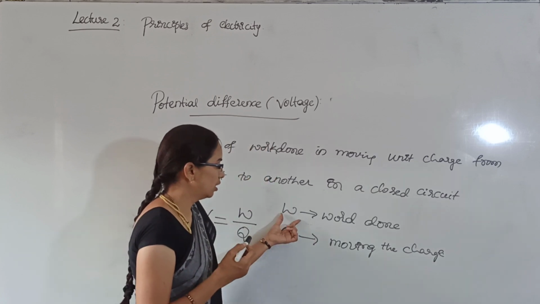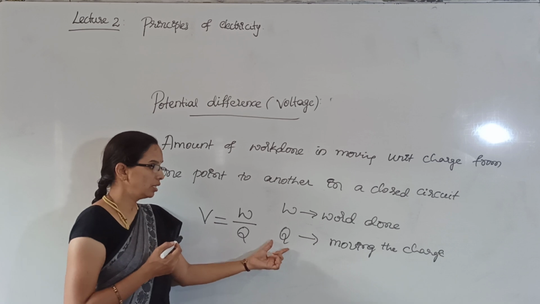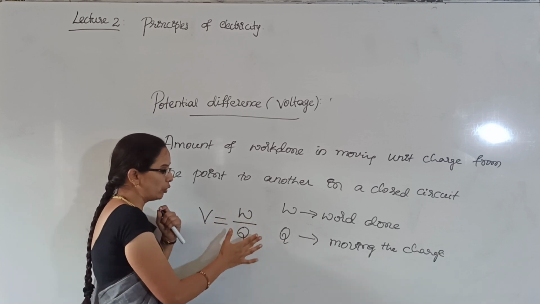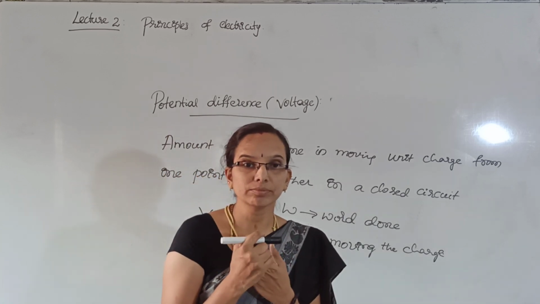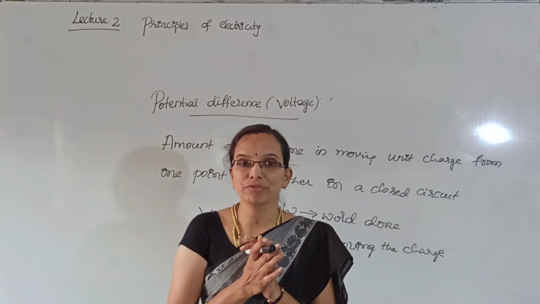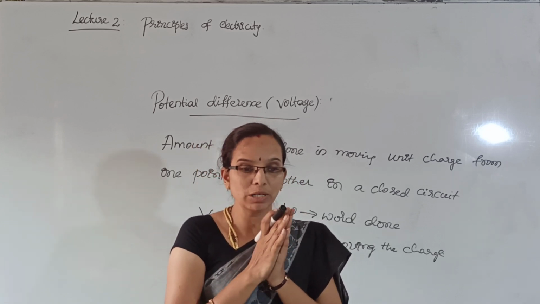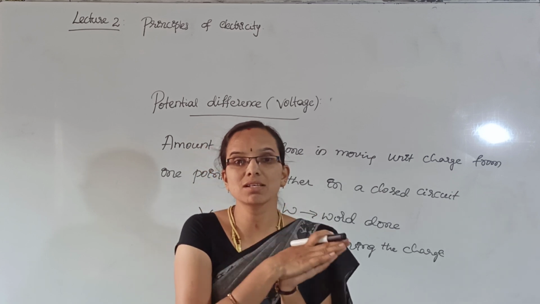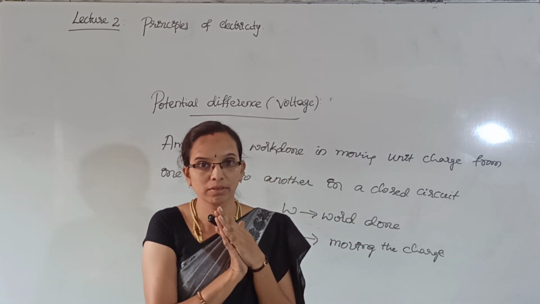We have taken that as W. Then W by Q, that is the amount of work done in moving unit charge from one point to another, is said to be potential difference, electrical potential. Electrical potential difference will be attained by our DC sources, that is our cells or batteries.